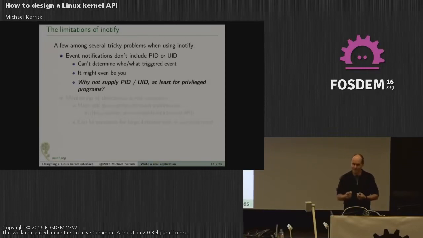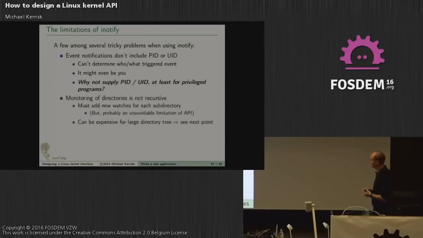And sometimes it might be really useful to know who made this change, because sometimes it might even be you: you're monitoring a file system subtree in your application, and your application also does some work inside that file system. Well, your application will end up generating notifications. And sometimes you want to know whether those were notifications that you generated or that some other application generated. But there's no way of doing that with iNotify.